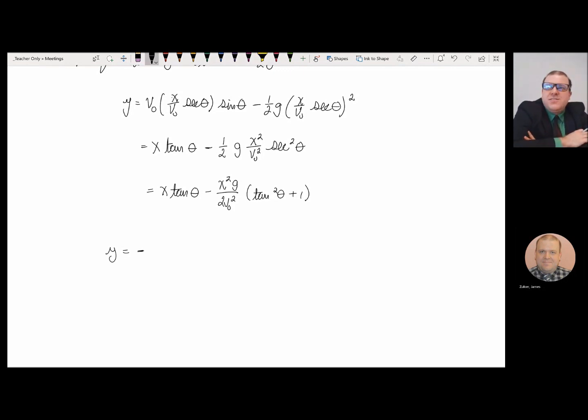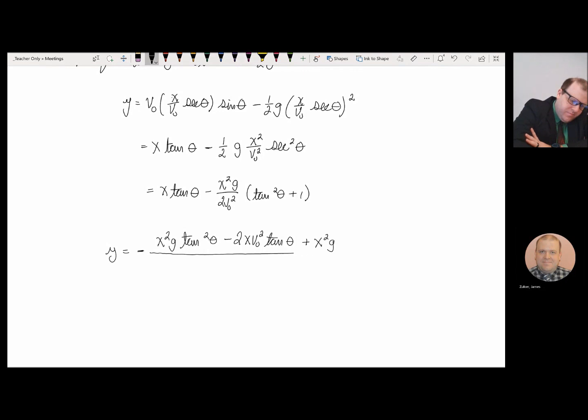And let's also write this as a single fraction. And say there's our function.